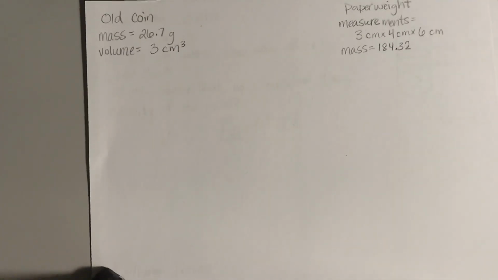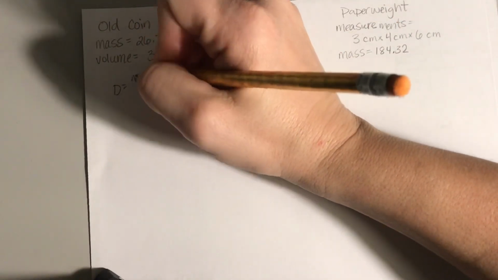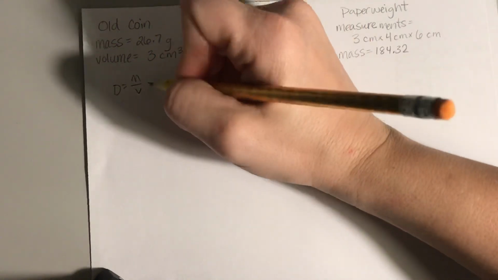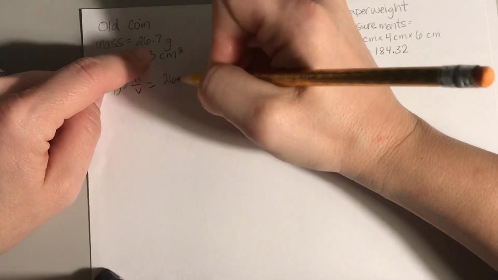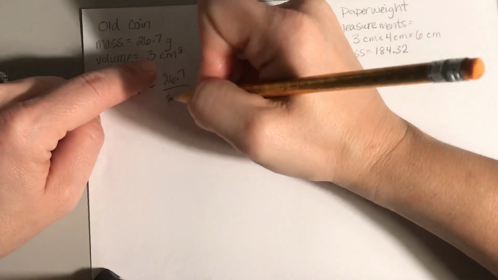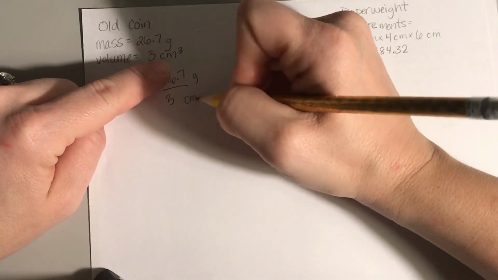All right, so to figure out this one, density is equal to mass over volume. So we're going to take 26.7 and divide that by the volume, which is 3. And we're working with grams per cubic centimeter.